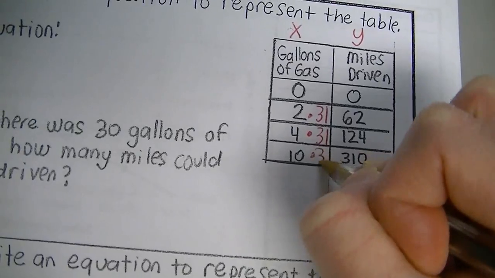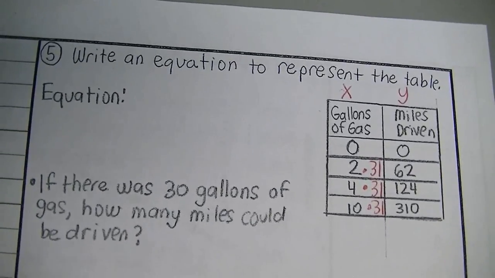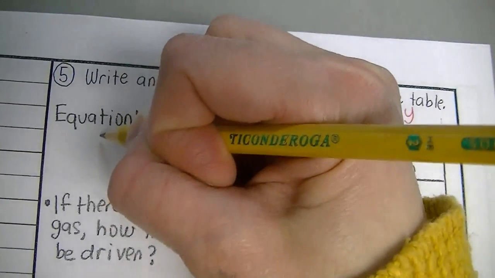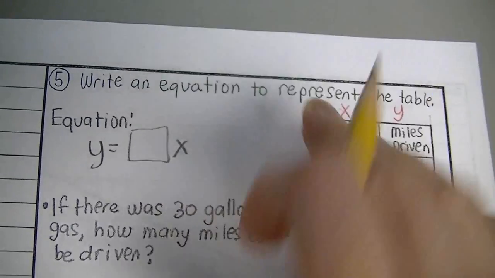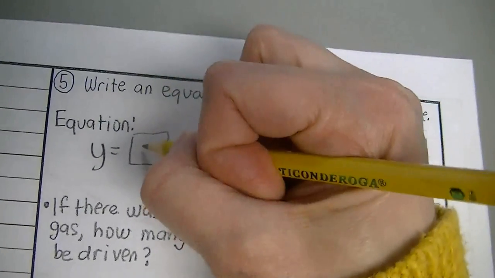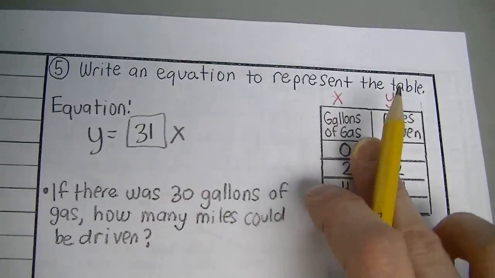We're good. Okay. So to write that equation, let's start with y equals, leave a spot for your unit rate times x. And we have our unit rate, so we can put that 31 right in there. Now, to label x and y, when you've got a table, you just look at the table.